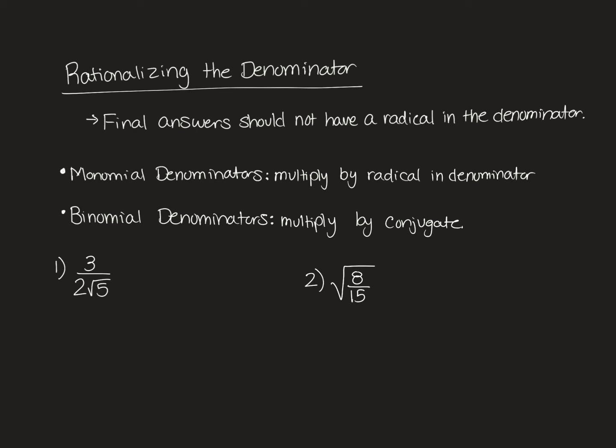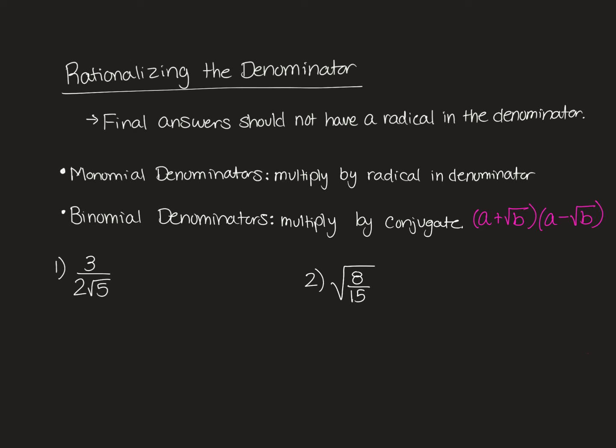If you have a binomial in your denominator, you are going to multiply by the conjugate. So let's say you had a plus the square root of b in your denominator. The conjugate is the exact same numbers, you just switch the sign in between. That's what a conjugate is.